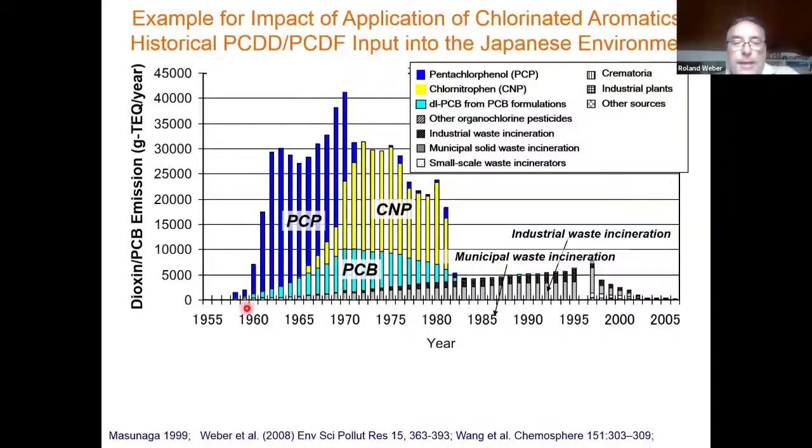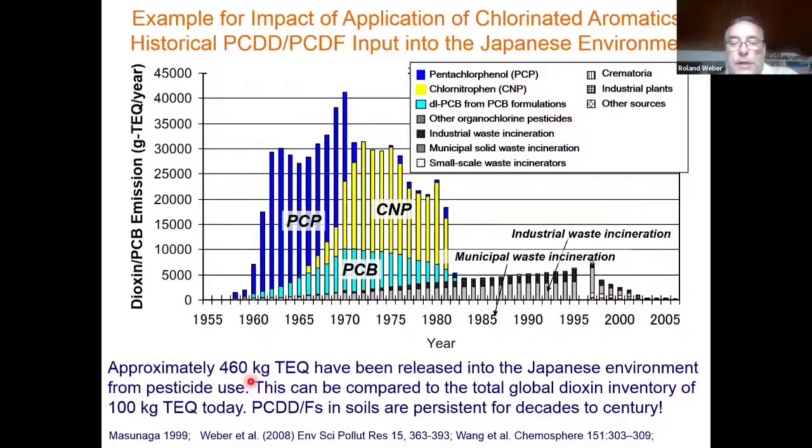And what you see is that in the 1960s, 70s, and 80s, on average 30 kilograms of dioxin TEQ was emitted into the environment of Japan by the use of pentachlorophenol as a pesticide in rice fields and chloronitrophene, which also contained high dioxin levels in the 60s and 70s. So in total, about 460 kilograms of TEQ have been released into the Japanese environment, into soils, into rivers.